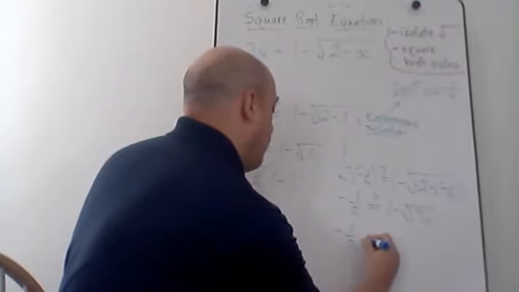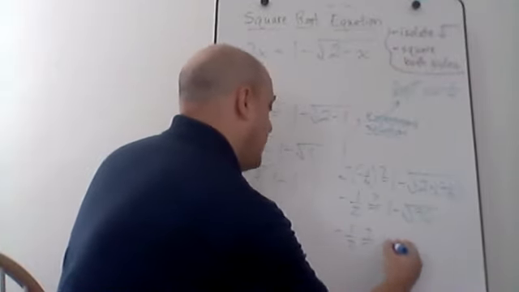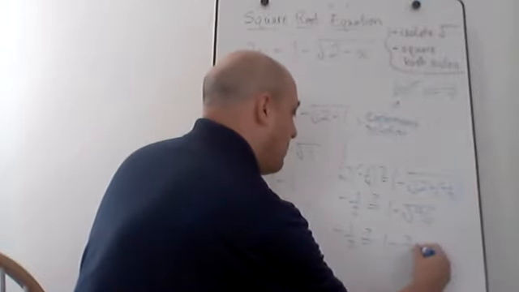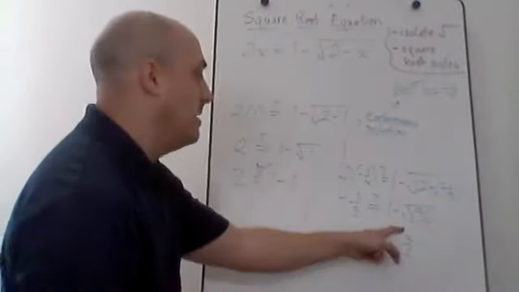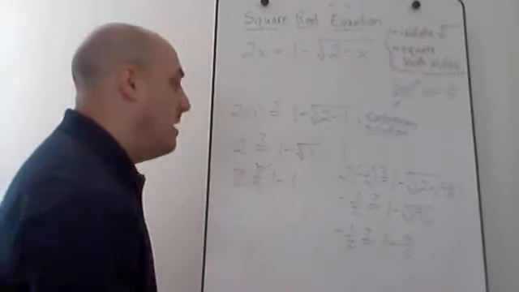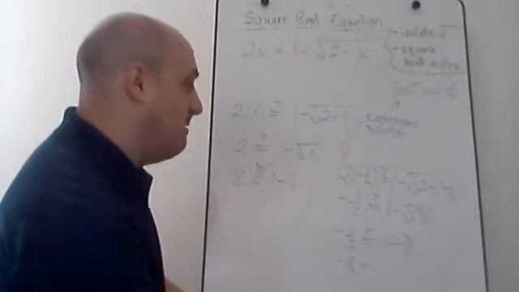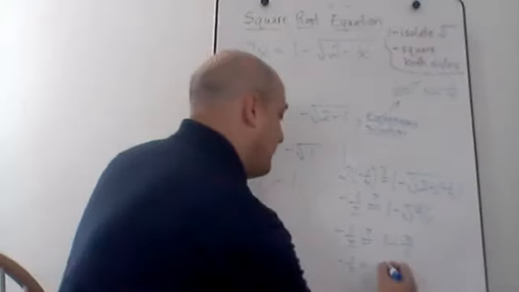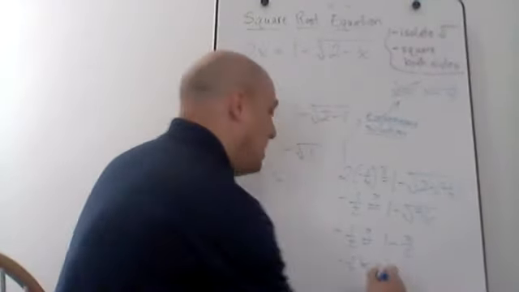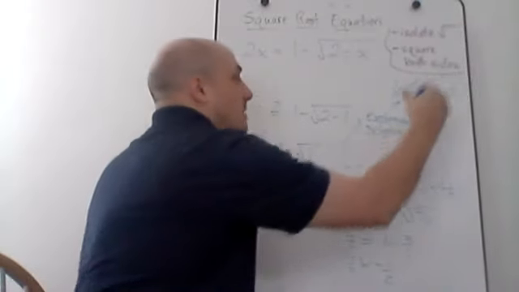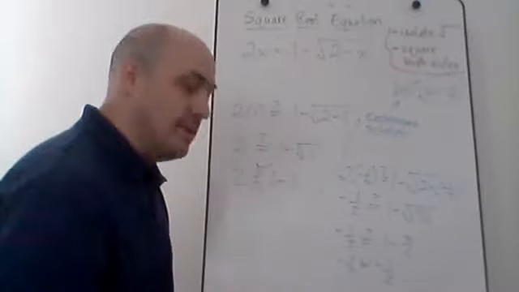So negative 1/2, is that equal to 1 minus the square root of 9/4, which is going to be 3/2? The square root of 9 is 3, the square root of 4 is 2, and 1 minus 3/2 is going to be negative 1/2. Right, so it turns out that the two sides here are equal to each other. So x equals negative 1/4 is a valid solution to this equation.